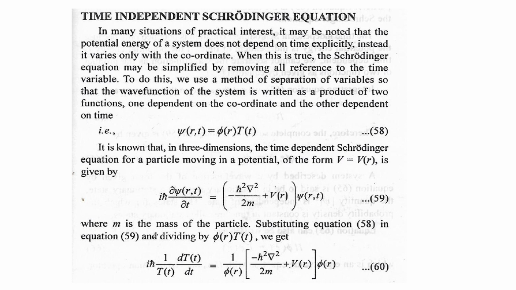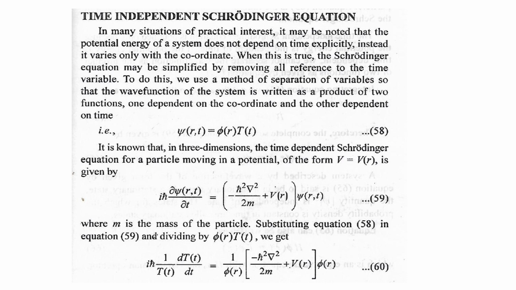Okay, so we use the time dependent Schrodinger equation here now. That is, i h-bar dou by dou t of psi equals negative h-bar square del square by 2m plus V, times psi of r,t. This psi of r,t is the total wave function that depends on r, the position, and t, the time.